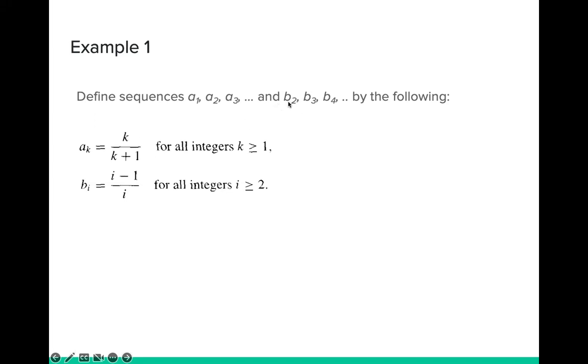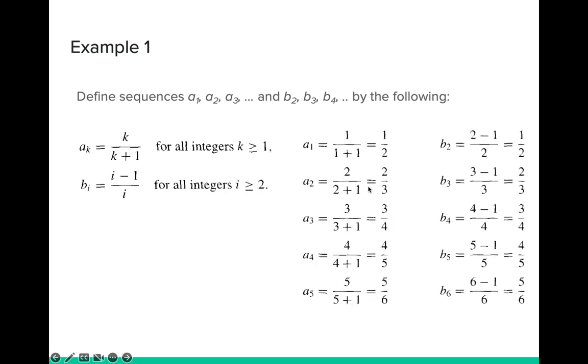Meanwhile, the sequence b sub 2, b sub 3, and so on may be computed from this explicit formula, b sub i equals i minus 1 divided by i for all integers i greater than or equal to 2.